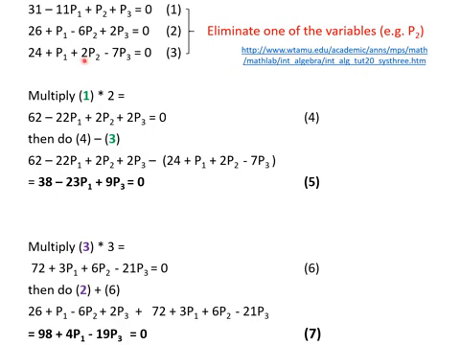So the easiest way to do that here would be to multiply equation 3 by 3. All right, and by doing that, we get these values here. So multiply all the terms in equation 3 by 3, and we end up with this equation here. And most importantly, we see that 2P2 times 3 gives us 6P2.